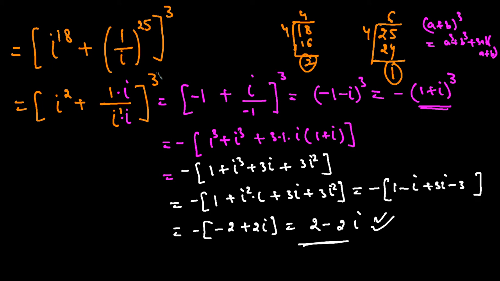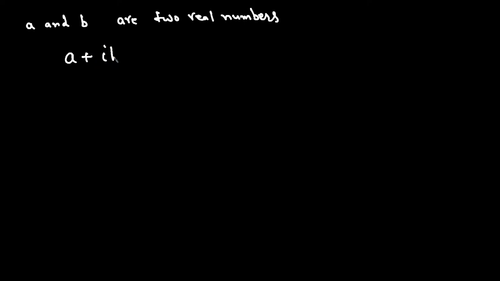So let's move to the next topic. That's where I'm going to go over complex numbers. Okay, so let's say a and b are two real numbers, then a number of the format a plus iota b is called a complex number.